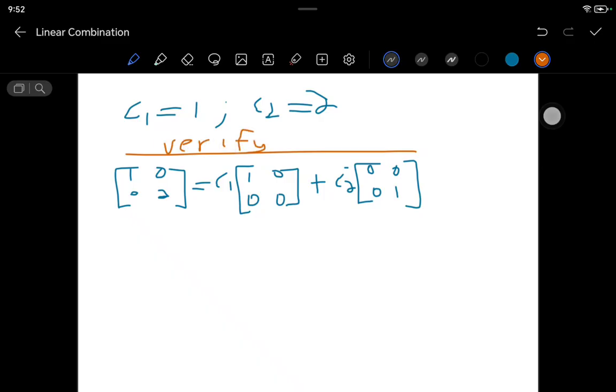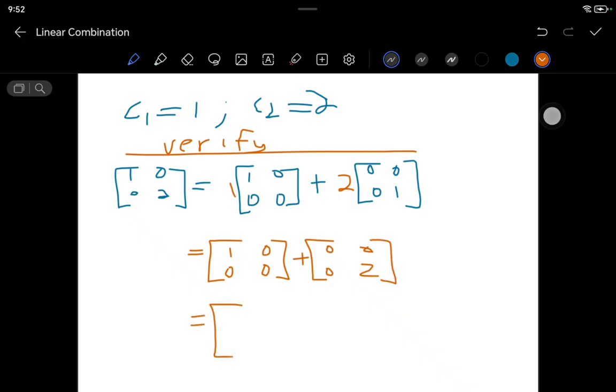Need to verify. Remember, our scalars, C1 is 1, C2 is 2. So if I put the 2 here and a 1 here, I'm going to get 1, 0, 0, 0, 0, 0, 2.